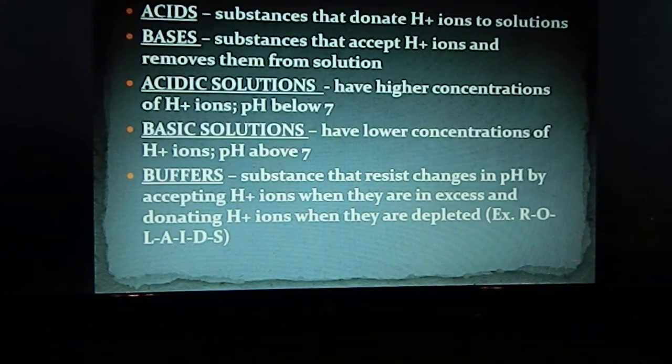And for a while everything is great, but then your stomach starts churning and burning and wow, right? And so what has happened is the beautiful White Castles have started donating hydrogen ions into the solution in your stomach, because the solution in your stomach is actually hydrochloric acid, and it does have a pH below 7.